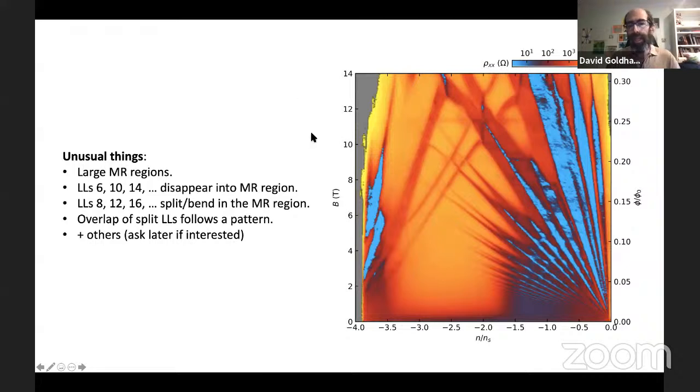So for those of you who are used to looking at diagrams that are sort of like this, first of all, I referred to Landau levels, and those are things that occur when you have a magnetic field perpendicular to a 2D sheet. But also there's more richness than just electrons in 2D in this system.